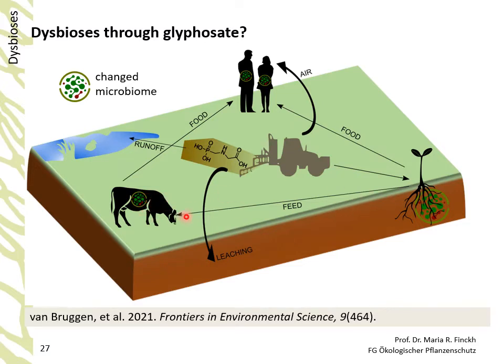And the residues may also accumulate in animal products and get into humans, or directly into humans. And also here we can ask, do we have problems with our microbiome because we consume glyphosate? In addition, of course, we have the runoff of the glyphosate into the surface water and leaching into the ground.